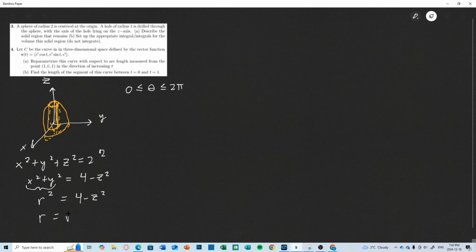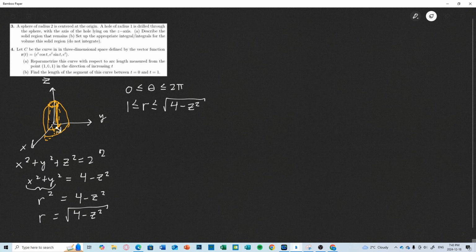So our r is going to be the square root of 4 minus z squared. And then, because our r starts at the edge of the cylinder and goes to the edge of the sphere, this is going to become r from 1 to the square root of 4 minus z squared.